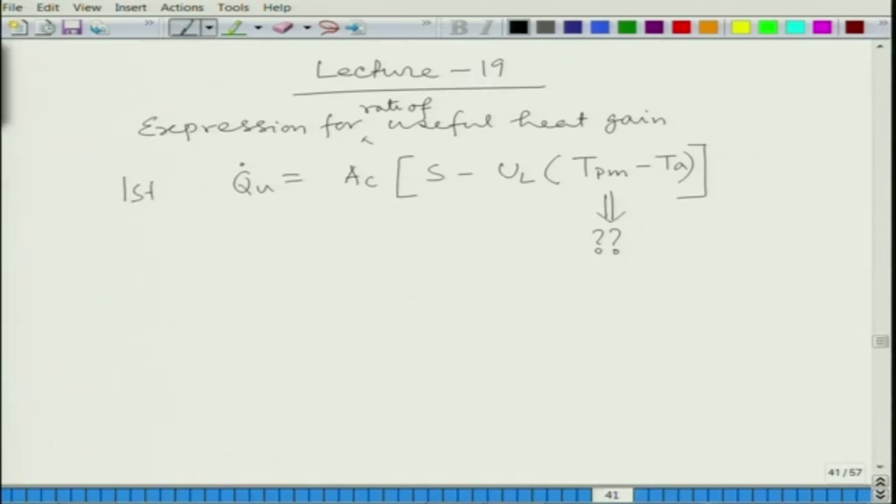This is the first expression we obtained, and the second expression that we obtained was the useful heat gain in terms of the collector efficiency factor, F prime. Then the temperature difference was not between the plate and the ambient, but between the fluid and the ambient.